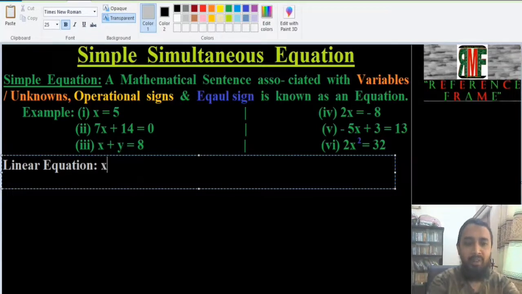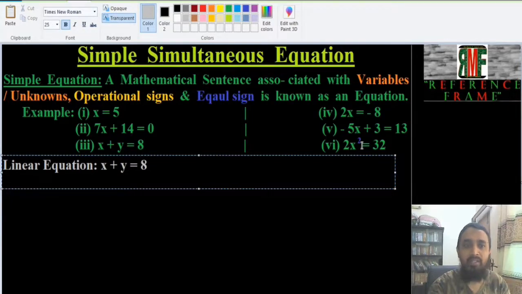Look, if I write down xy, this cannot be linear because they are in multiplication form. Here the index of x is 1, the index of y is 1, total index is 2. But for a linear equation, the total index must be 1. That means this could be a linear equation, but not this one, because here the index is 2.